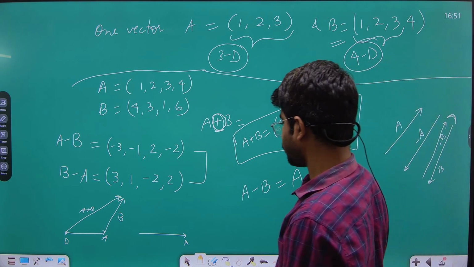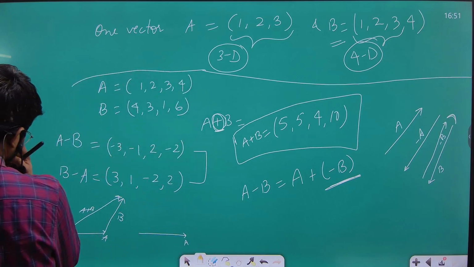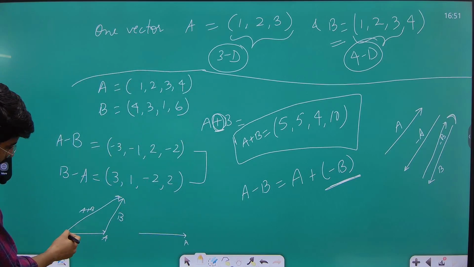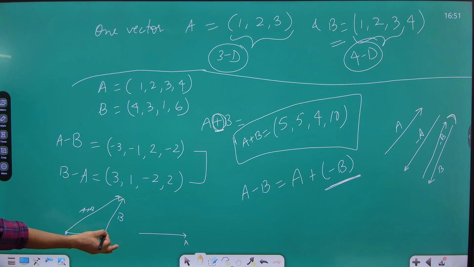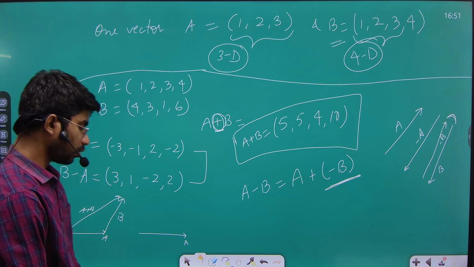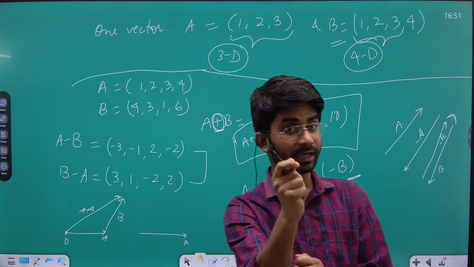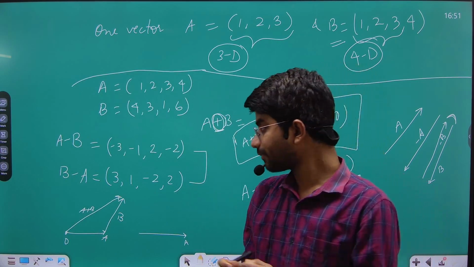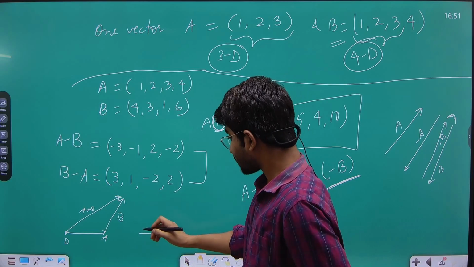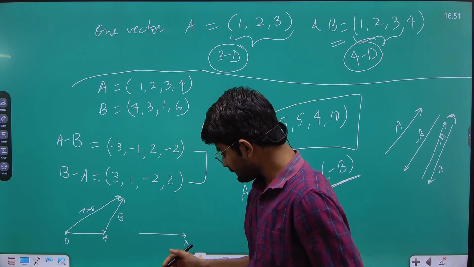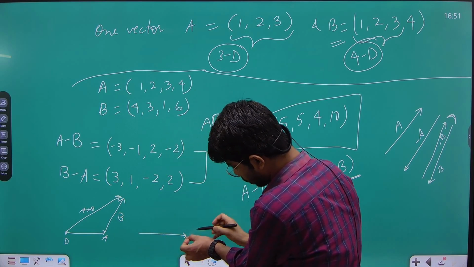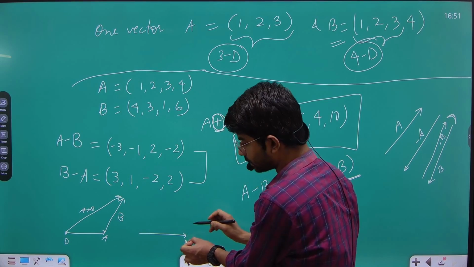You see that for A plus B we added the tail of vector B to the arrow of A. Now you want to subtract B from A, so here you won't start there.